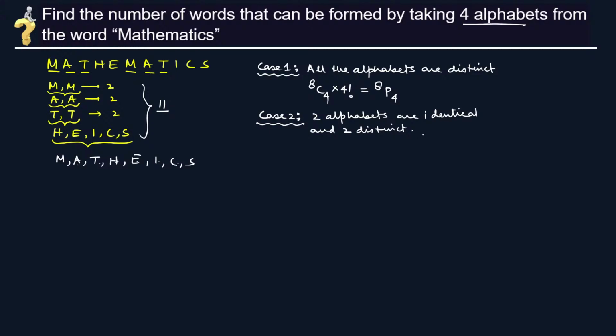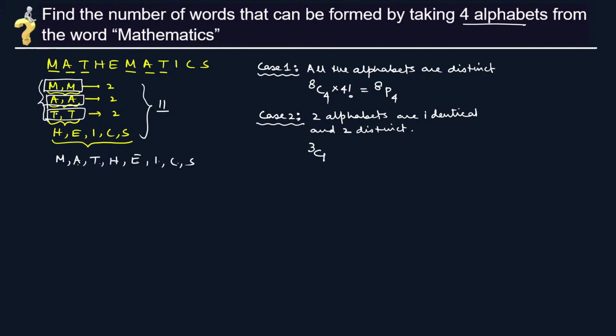Out of these 3 alphabets which occur in pairs, we have to select only 1 pair: M, A, or T. The moment you select 1 pair, you get 2 identical alphabets. In how many different ways can you select 1 pair out of these 3 pairs? That can be done in 3C1 different ways.